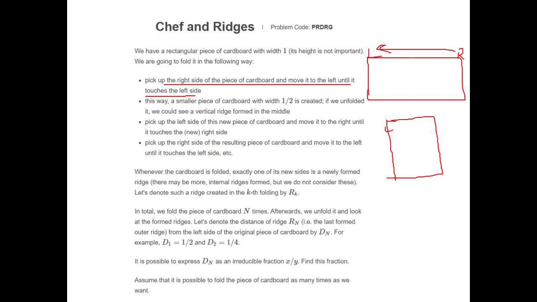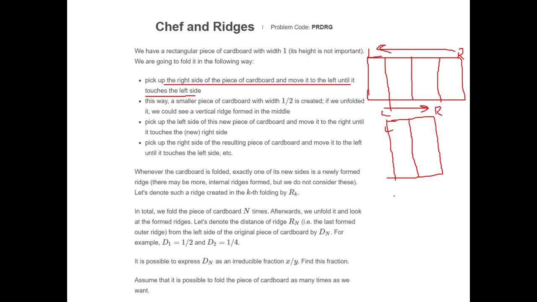And then we will take the piece of cardboard formed after folding, and then we'll move the left side to the right side, and again there will be a ridge formed, which will be here. And when we unfold it there will be a total of three ridges like this.